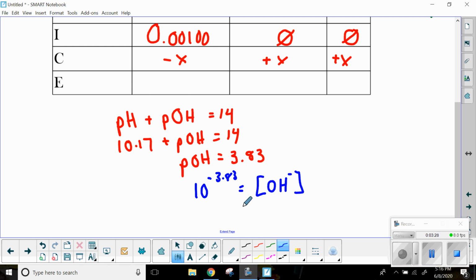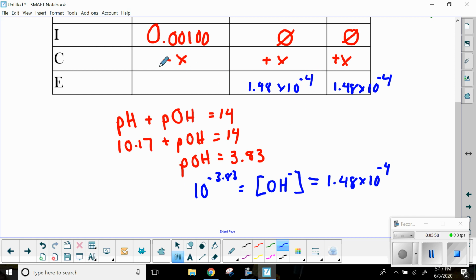Plugging that into my calculator, I find that my concentration of hydroxides is going to be 1.48 times 10 to the negative fourth. So that's what my equilibrium concentration of hydroxide is. That's going to go here. Since it's a 1 to 1 to 1 ratio, it's the same here.